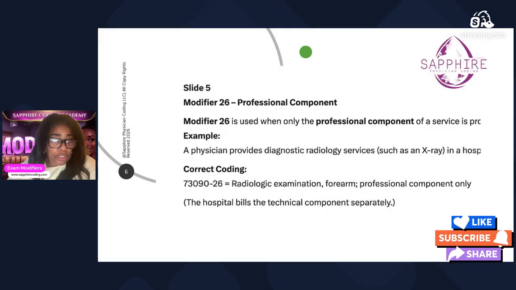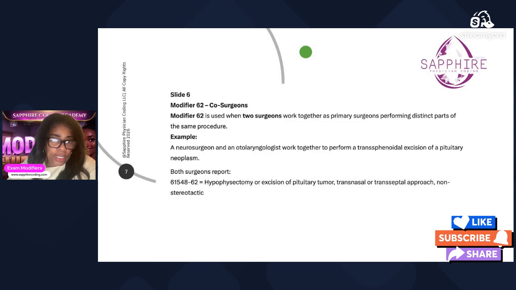Make sure you do read up on modifier 26 and the professional component. And again, modifier 62 is one that we use very often, especially in the hospital for the physician services. So make sure you take a look at that one.